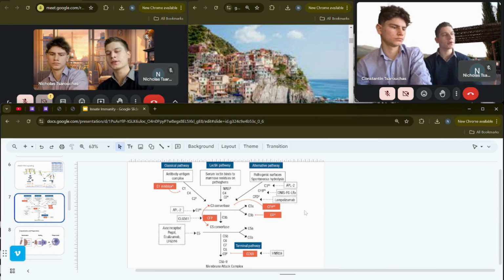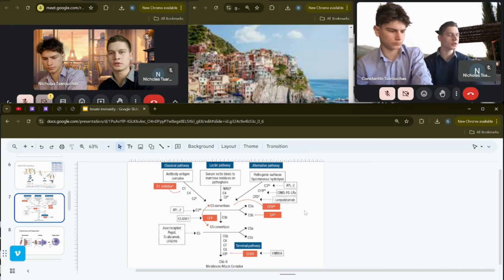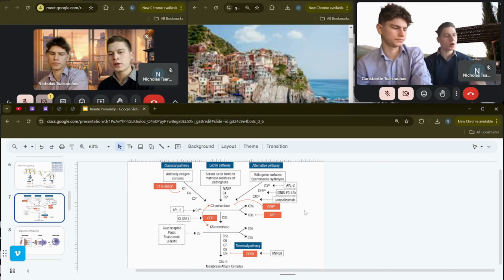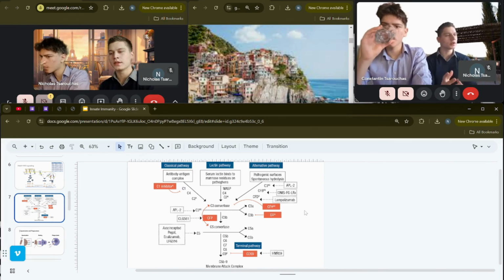It's very reactive. It's for binding to the pathogen surface, and all these smaller molecules.